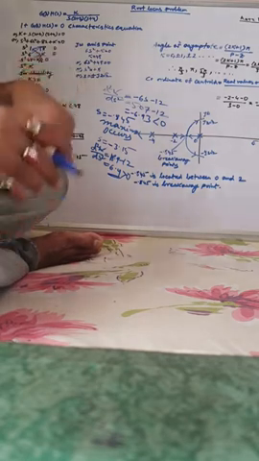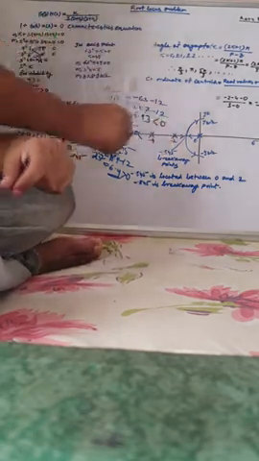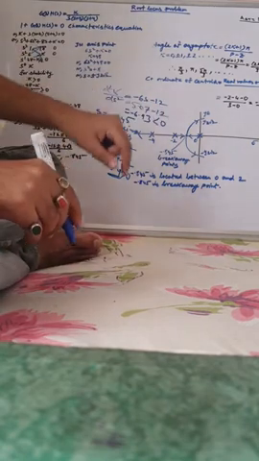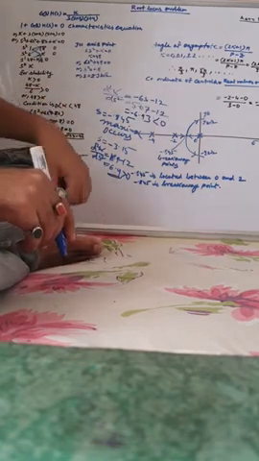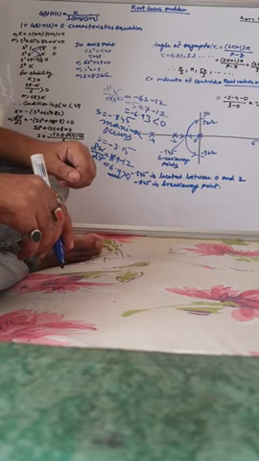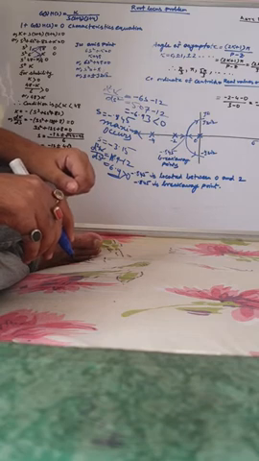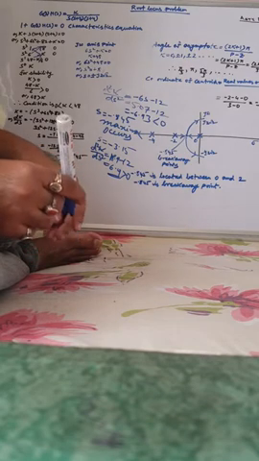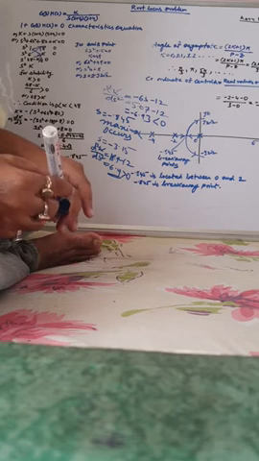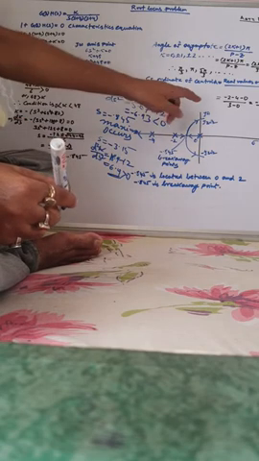I am repeating again: our breakaway point is minus 0.845 because it is located between the two real axis branches of 0 and minus 2 poles, and the root locus branches that leave the real axis cut the j omega axis at j 2 root 2 and minus j 2 root 2. This is the j omega axis point.